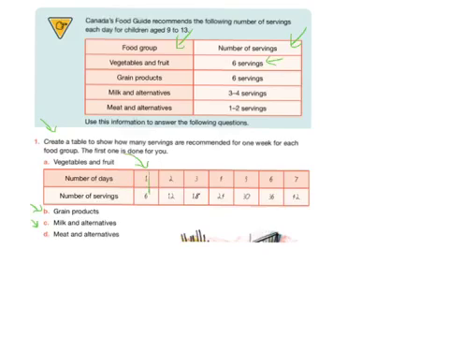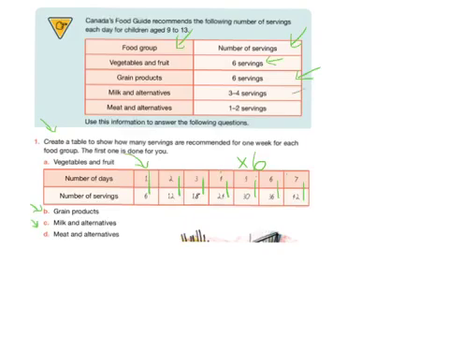So in day 1, you should have had 6, 12, 18. As you might notice, you're multiplying by 6 each time here. So grain products, also 6. Going to end up with really the exact same table. Nothing's going to change because you're going to multiply the number of days by 6 each time.